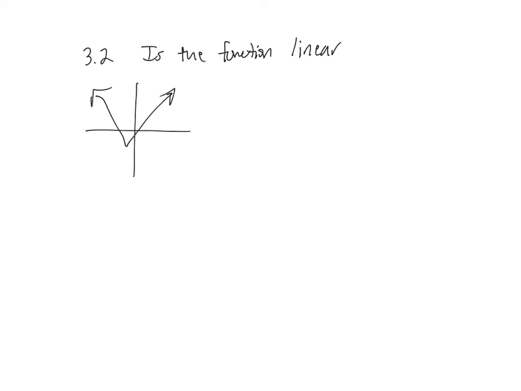Well, it's 2 lines, so it's not 1 line, so it's not linear. Okay, so be careful of that one. Anything that bends, curves, goes in another direction is not linear.